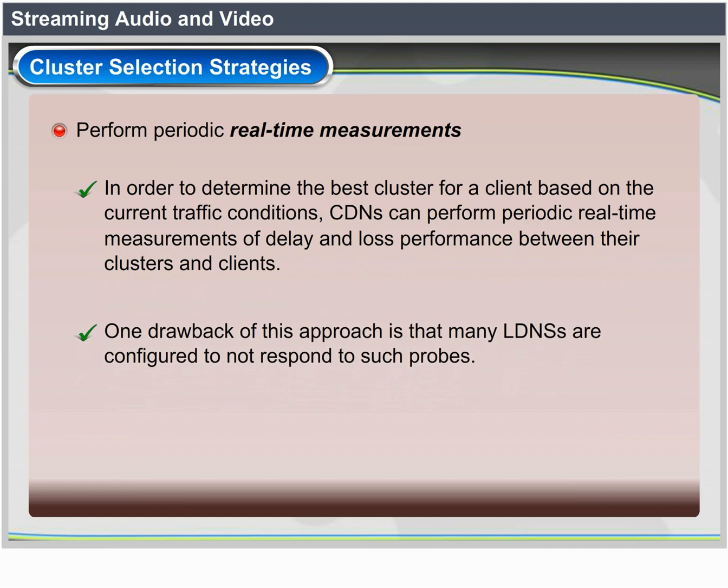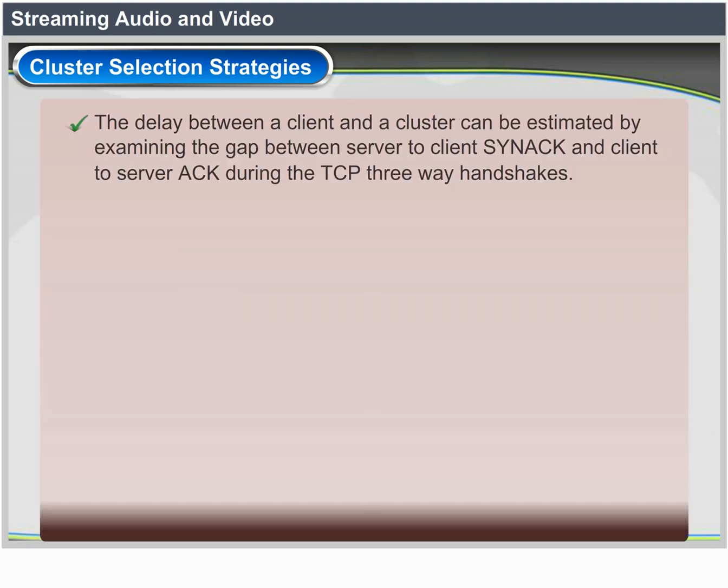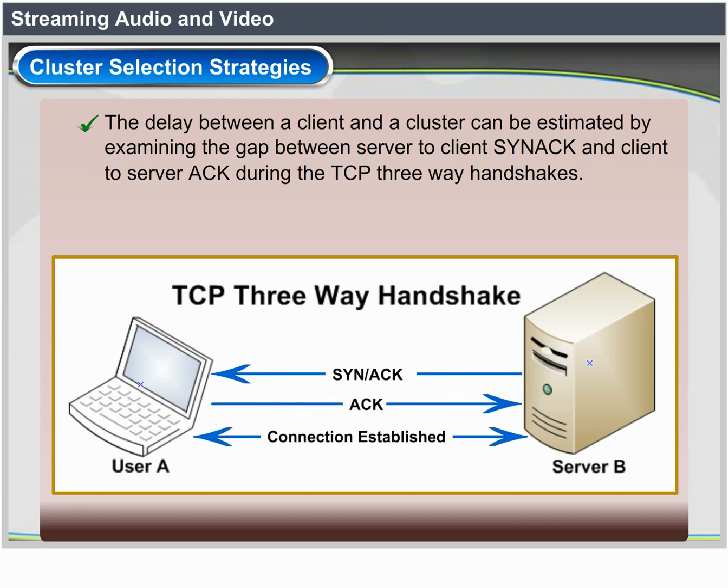Use the characteristics of recent and ongoing traffic between the clients and CDN servers. The delay between a client and a cluster can be estimated by examining the gap between server-to-client (SYNACK) and client-to-server (ACK) during the TCP three-way handshake.